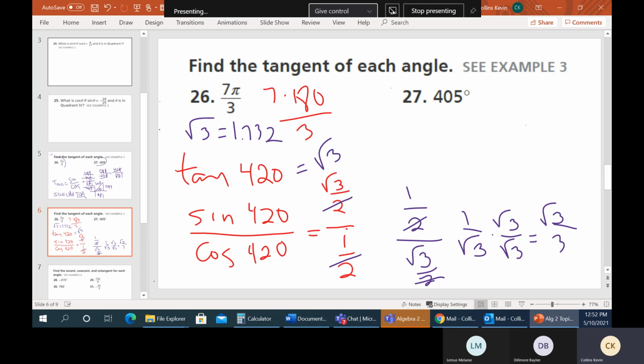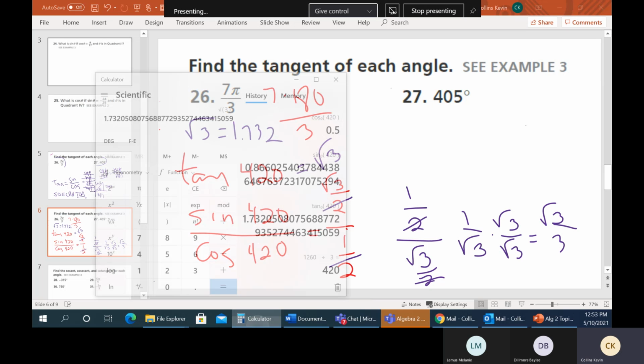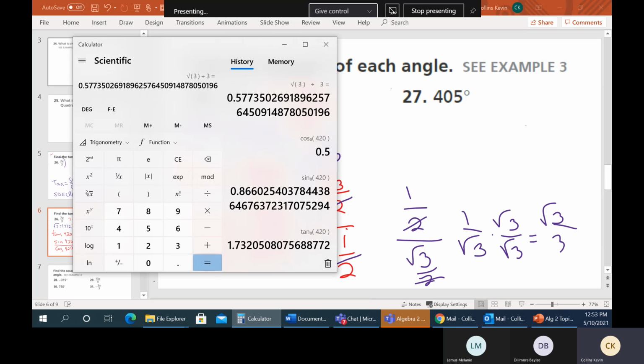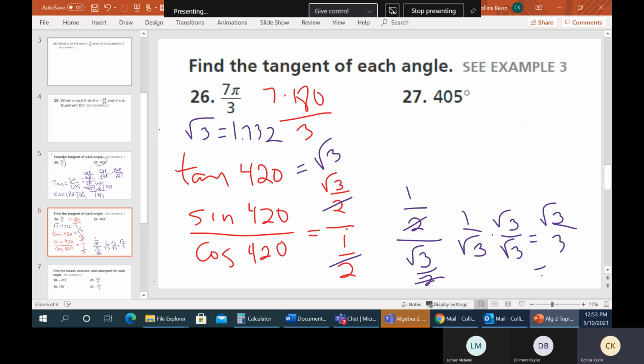Okay? And then to recognize that guy, let's go back to our calculator for a second. There it is. So this is the square root of 3, 1.732. We already said that. Okay? So if we take that guy and divide him by 3, we get 0.577. So this guy on a calculator is 0.577.